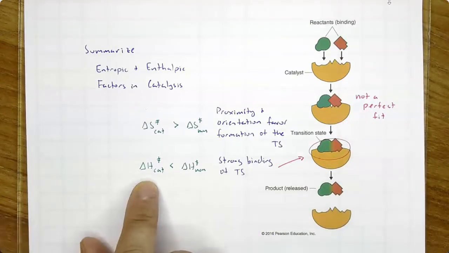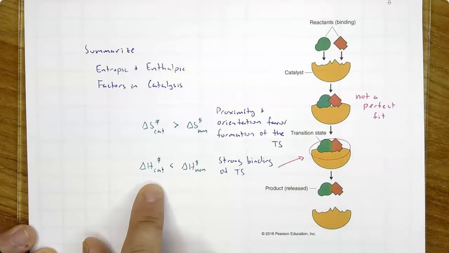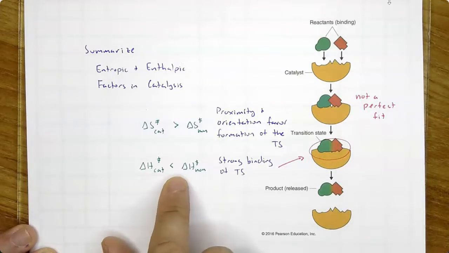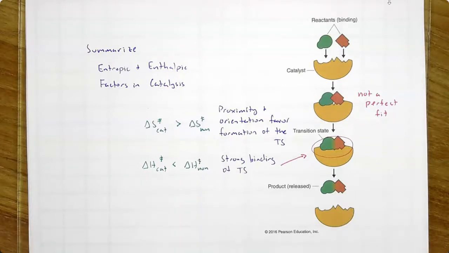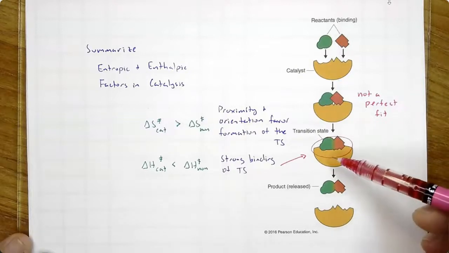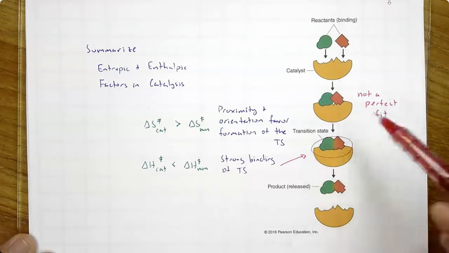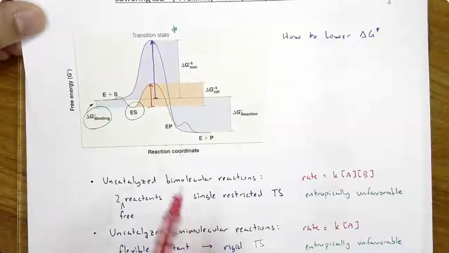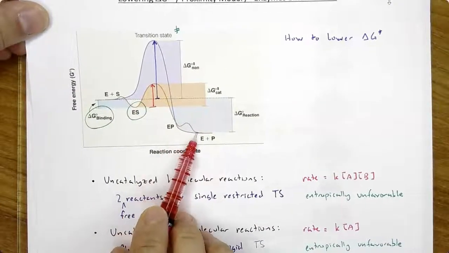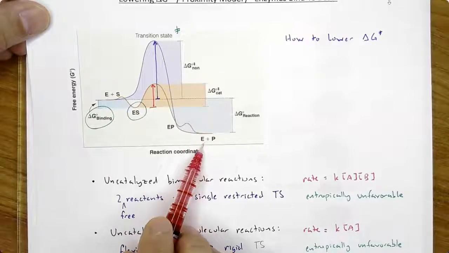What that does is it makes the delta H in the catalyzed process much more favorable and negative than in the non-catalyzed process. Ultimately, what happens is once this reaction occurs, we get out of the transition state and we get into the enzyme product complex that we see over here. And then it's just a little jump to release the enzyme and the product.